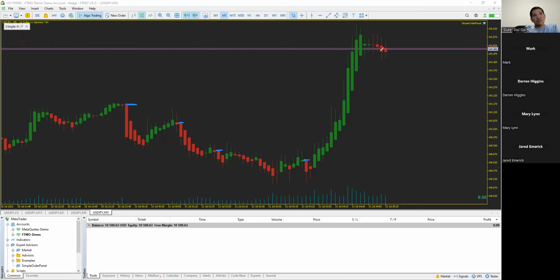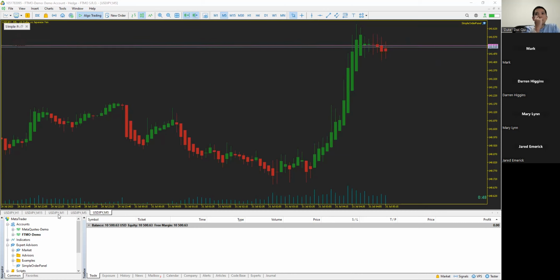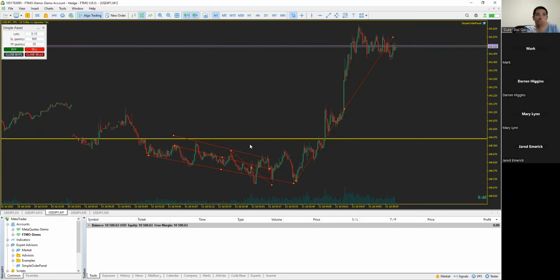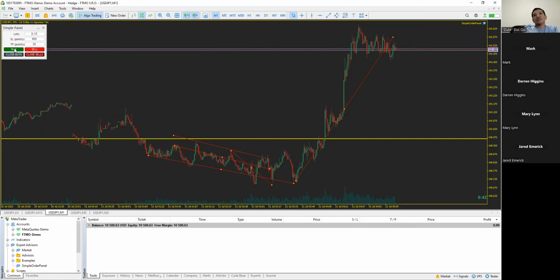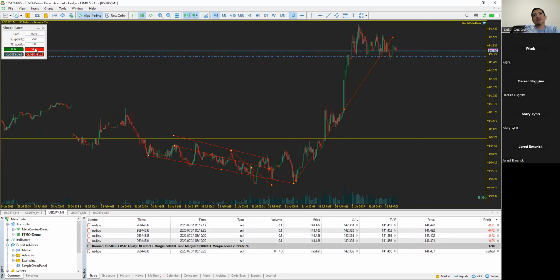Now the body right here is lower. The average of it is lower. So it came up, and now it's failing. So this is why I would sell.